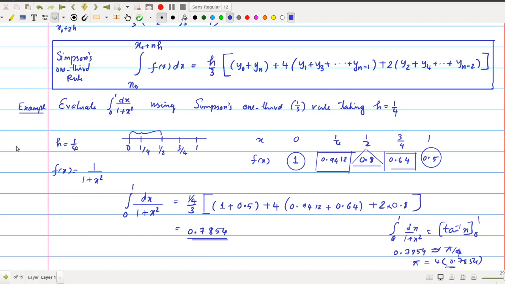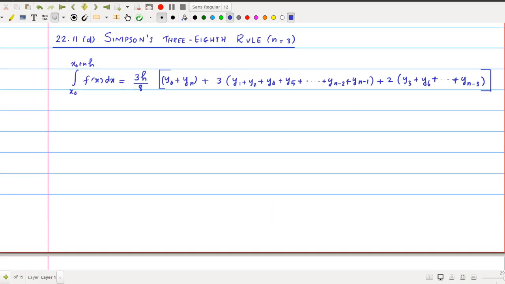Next we will discuss Simpson's 3/8 rule. I am not going to explain all the derivations. If we use the same arguments as in the previous case, we can deduce the formula: the integral from x naught to x naught plus nh of f of x dx would be 3h by 8 times y naught plus yn, plus 3 times y1, y2, y4, y5, etcetera, up to yn minus 2, plus yn minus 1.